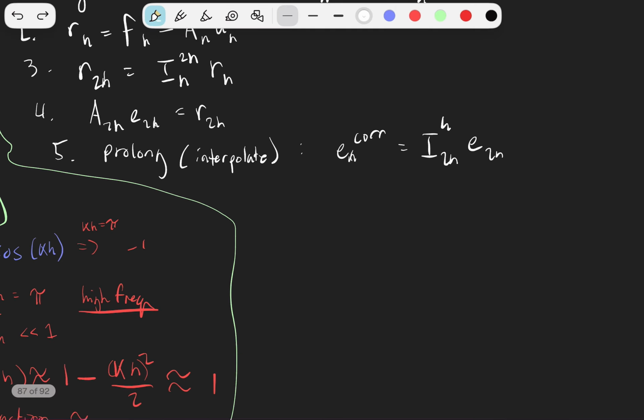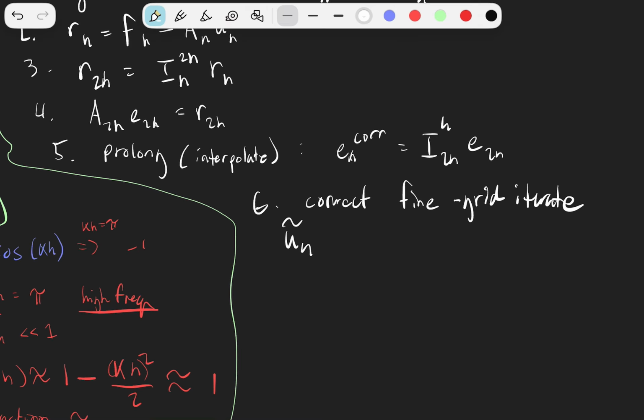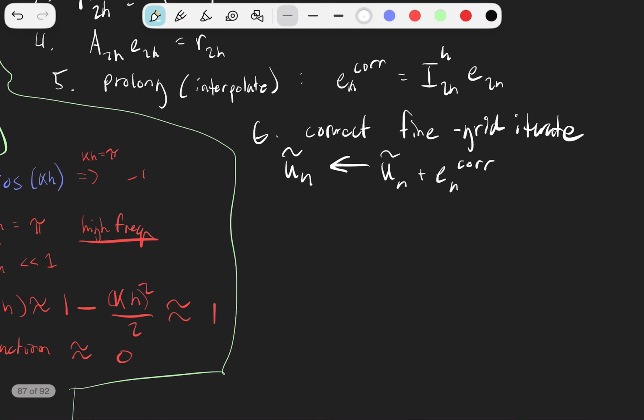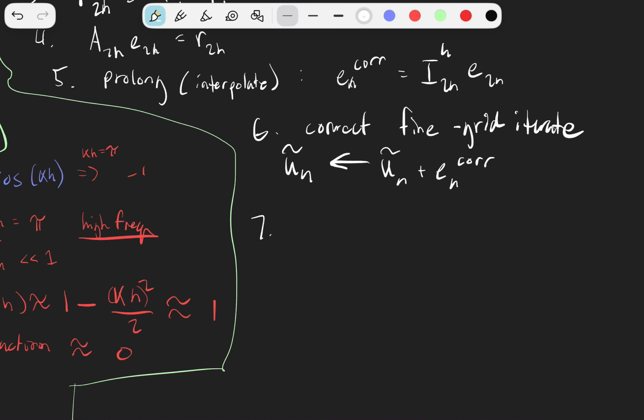And then what you'll do is correct the fine grid iterate. What this looks like is the smooth solution plus the error that we got from correcting the grid. And then we will finally post smooth.